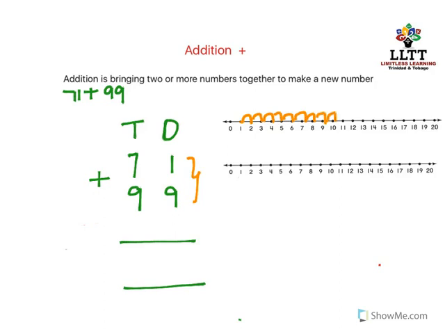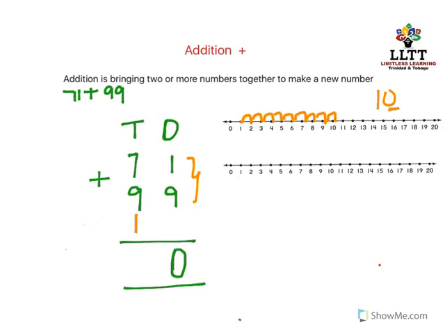So 1 plus 9 is 10. That 10 is 1 ten and 0 ones. So I'm going to put my 0 in the ones section, and then I'm adding 1 ten to that. So I put that 1 ten in my tens column.